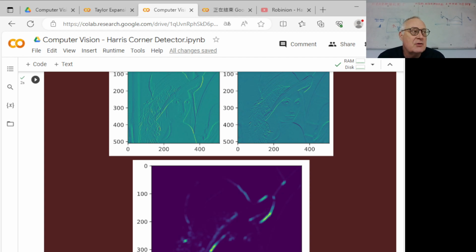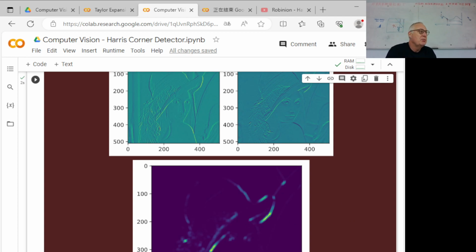When you think about it, that makes sense, right? We do get a strong response if the edge is at a 45-degree angle, if it continues. So here I do get these points, so those are nice, but these lines, these edges here would be a very poor response for a corner detector, right?